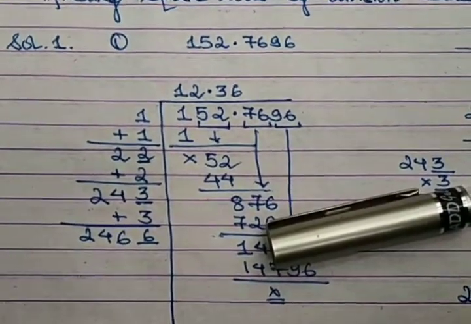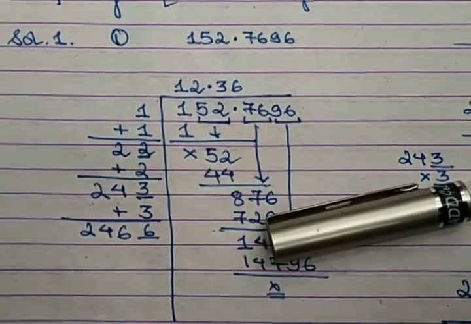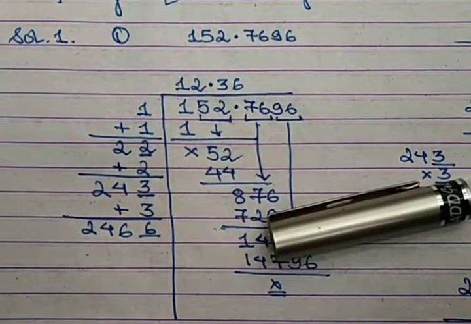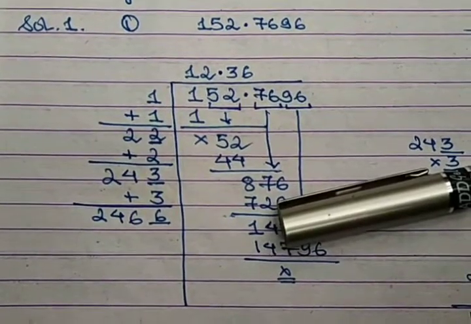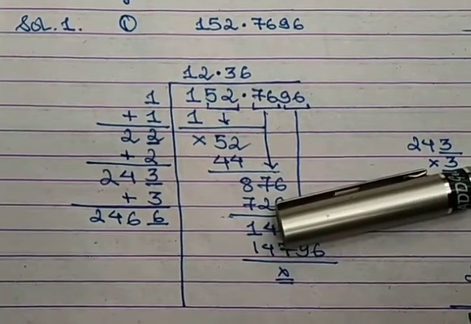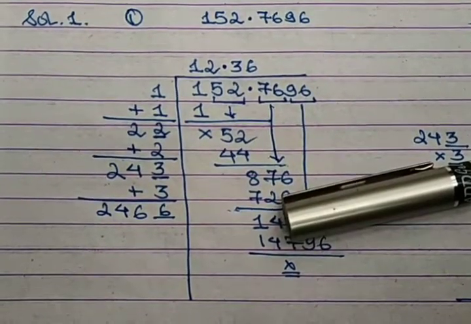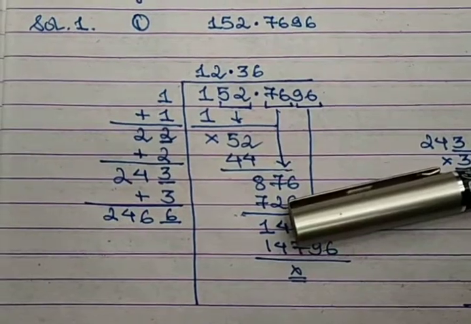So at first, for 152.7696, I have started making pairs towards right as well as towards left from the decimal. The steps will be similar to the division method for numbers.